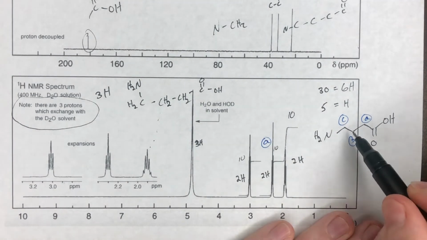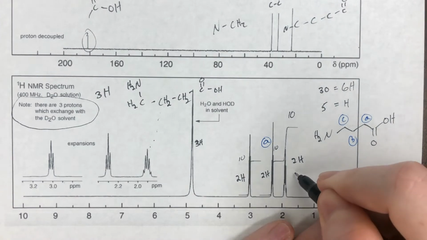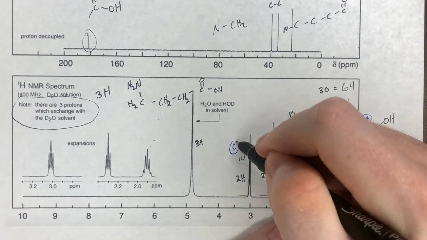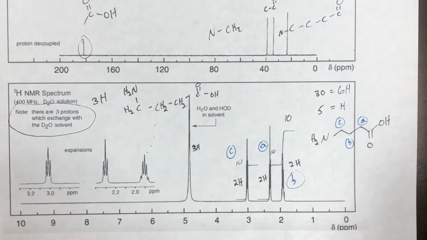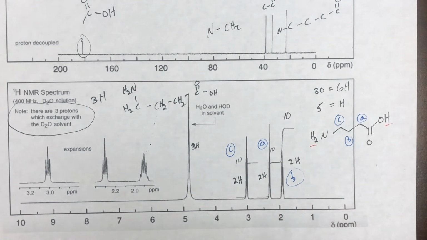B is the one sandwiched between the 2 alkyl groups, so that's going to be the lowest number, the most upfield. And then the C is bound to the nitrogen, which is furthest downfield. And then, of course, you have the exchangeable protons that aren't shown in any significant way, that are the OH and the NH2, those 3 protons.